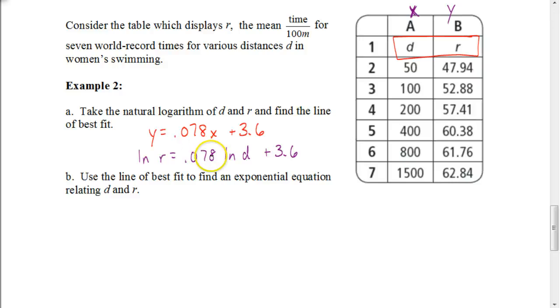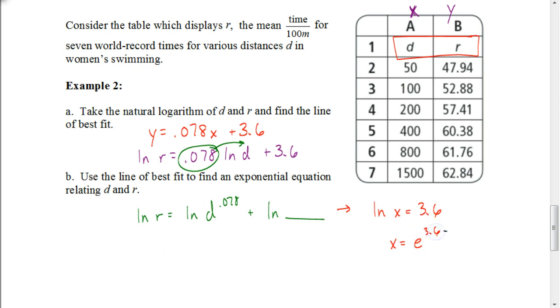So to do that, again, this 0.078 is an exponent for that value for D. So I'm going to say it's the natural log of R equals the natural log of D to the 0.078 plus, but I need to have a natural log of something here. So remember, this is where we figure out the natural log of what number would give us 3.6. Well, to figure that out, we would say the natural log of x equals 3.6. Write that in exponential form, so that's e to the 3.6 power. Do that on your calculator, and you end up getting 36.598 as your answer.